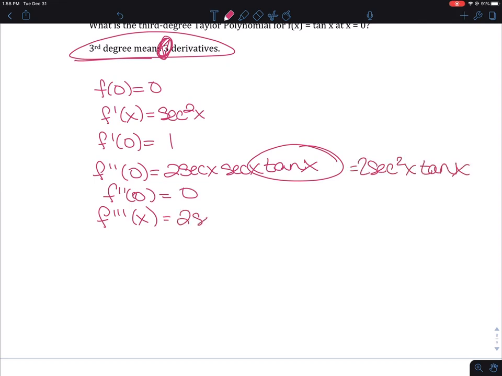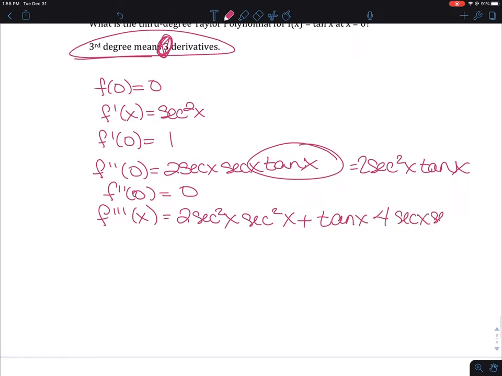So I get 2 secant squared of x because of the derivative of tangent, plus tangent of x, and then 4 secant x tangent of x. And so when I plug in 0, I get 2.